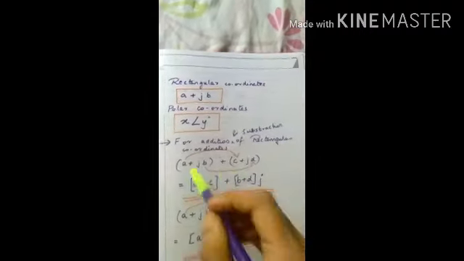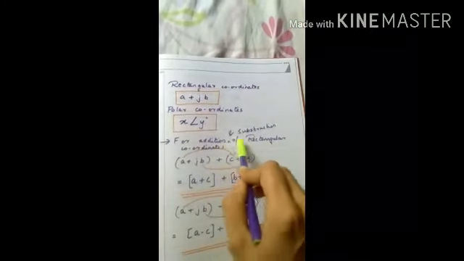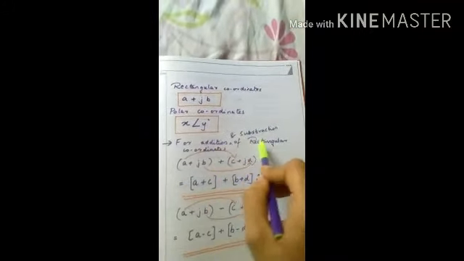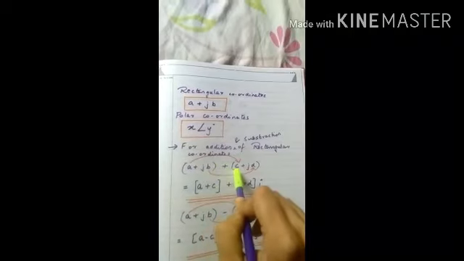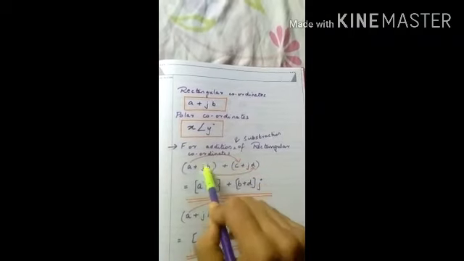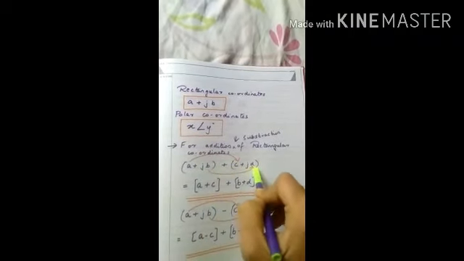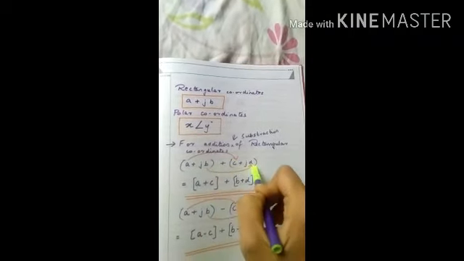Now for addition and subtraction of rectangular coordinates, how to add two numbers in rectangular coordinates. If the numbers are, for example, a plus jb and c plus jd, for addition you have to add the real parts of the rectangular coordinates and the imaginary parts of it.